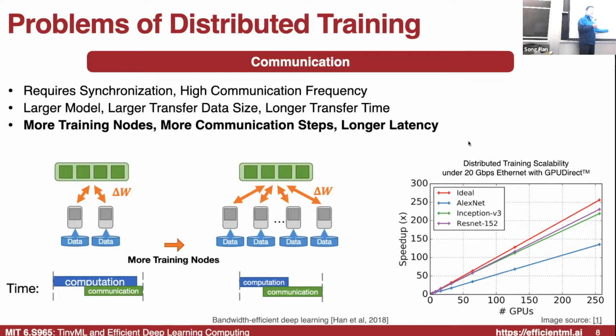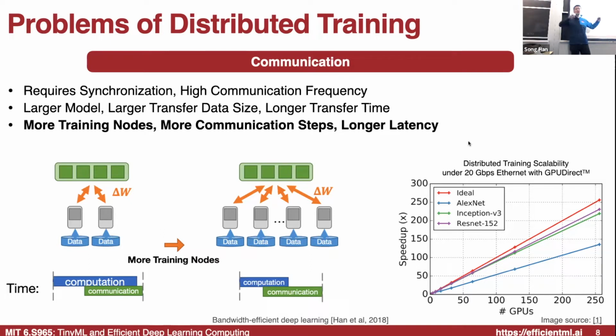Consider the time required by computation versus communication. Right, exactly. AlexNet has a huge number of parameters, 60 million parameters, and the computation is low, only around 1.5 giga operations. Therefore, the ratio between communication and computation is really high.